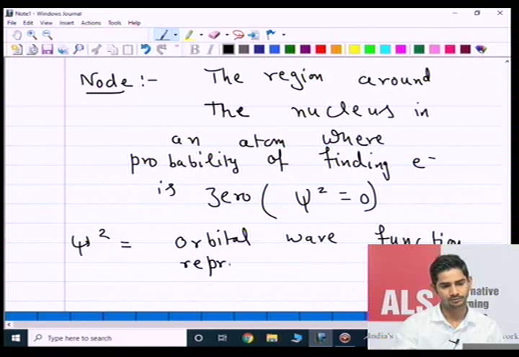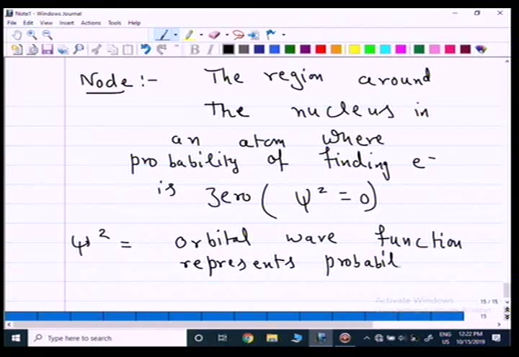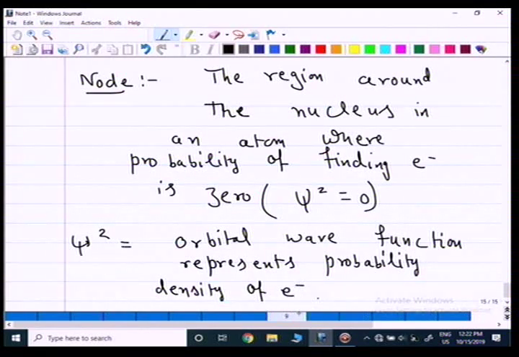It represents the probability density of the electron. Ultimately, psi square represents that region where we can get the electrons. If psi square is 0, it means that we won't get any electron. Please copy this. And after copying, confirm once.